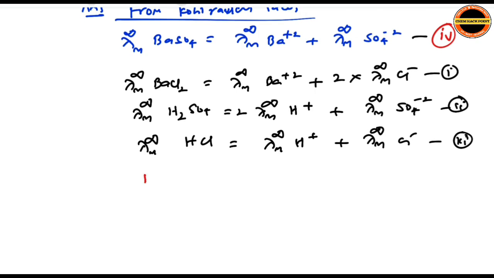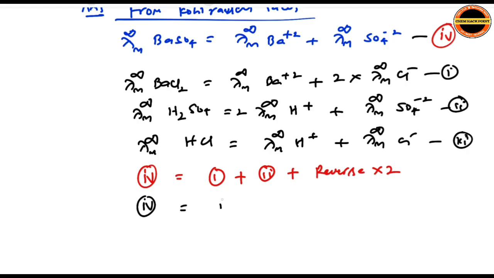So how can you write it? Equation 4 is equal to 1 plus 2 minus 2 into 3. Here what we are doing is reversing. Reverse equation 2 and add it. See, whenever we are reversing, the sign changes. 2 into reaction 3, this one we take.